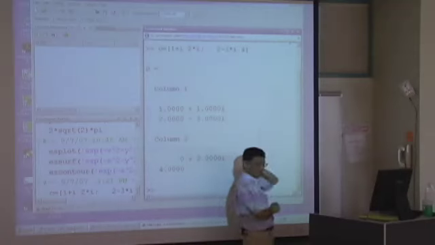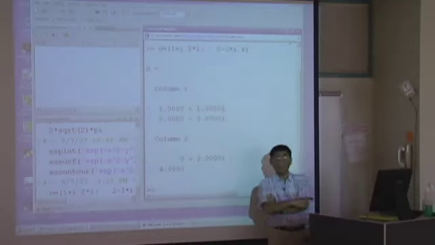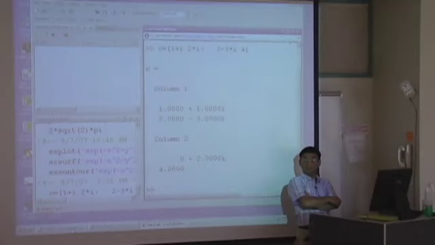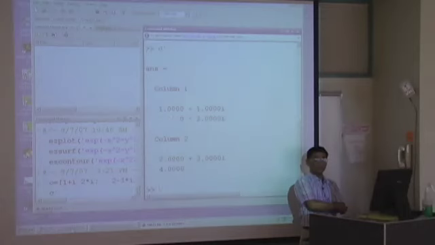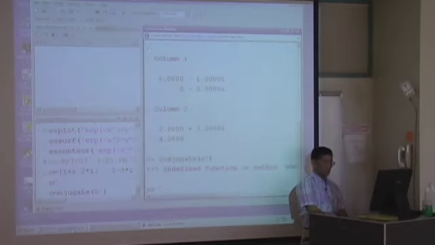Do you know how to do this complex conjugate in MATLAB? C star? C prime is the transpose. I know the transpose, but maybe conjugate works. No. In any case, I will just type it because I don't know the command.